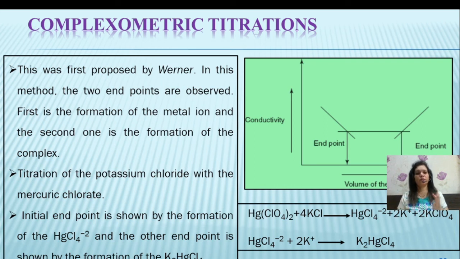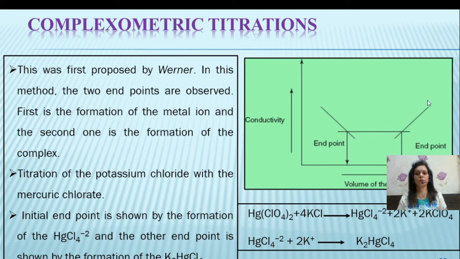Titration of potassium chloride with mercury chlorate. Initially, potassium chloride reacts with mercury chlorate to form mercury chloride and potassium ion. Once this step is complete, on excess addition of KCl solution, mercury chloride is converted into potassium mercury chlorate, and this is the second endpoint obtained during the titration.